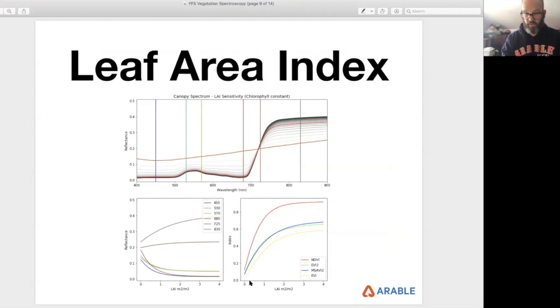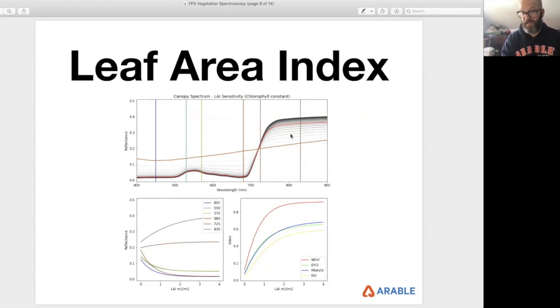Okay, and if we go down here, I'm increasing the LAI from none up to 4 meters squared of leaf area per meter squared of ground area. And initially, each new leaf is covering up a totally new piece of ground. And so it's having a big impact on the apparent brightness. And so these lines are very far apart.